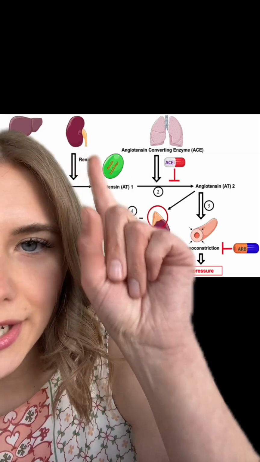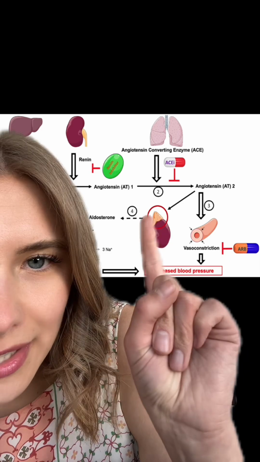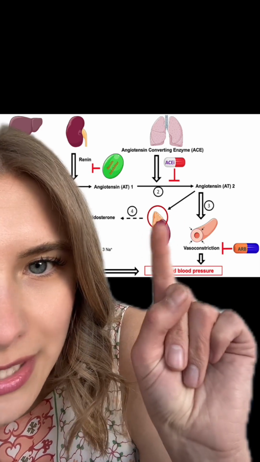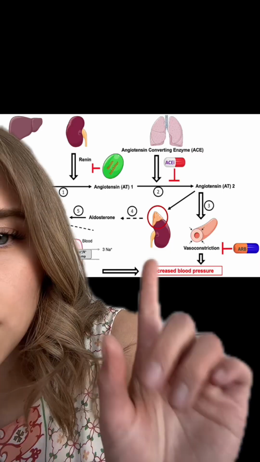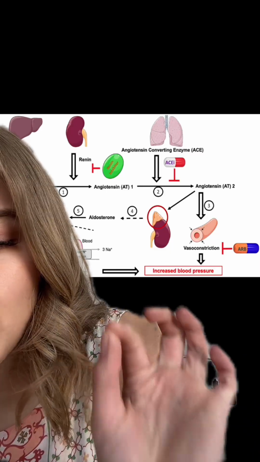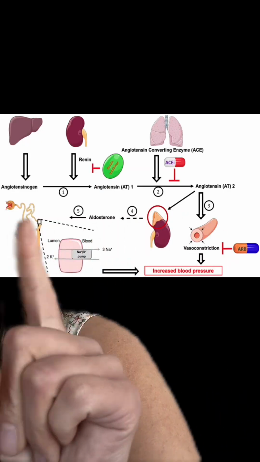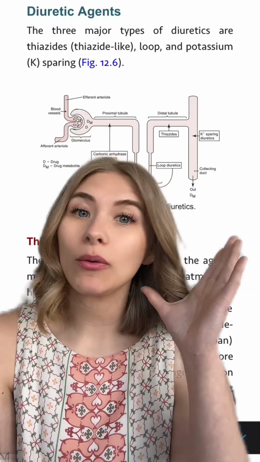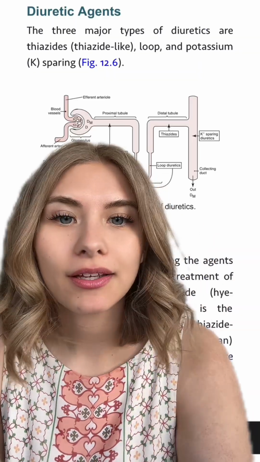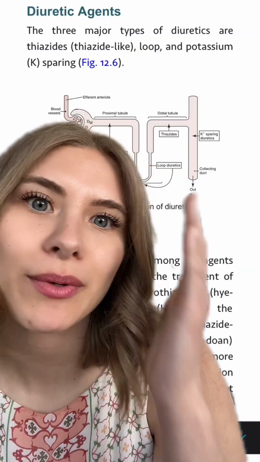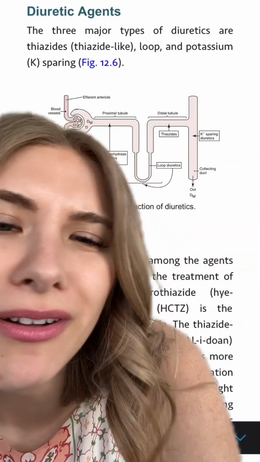So we have our kidney here, and right here, where our adrenal gland is, we have aldosterone. Aldosterone regulates sodium and water retention by the kidneys. So we're going to go over here to the loop of Henle. This is what we learn in anatomy, right? And this is how we have to know it for pharmacology.